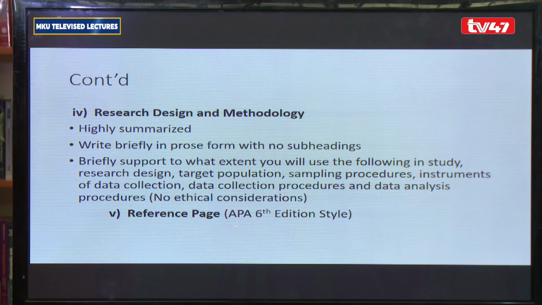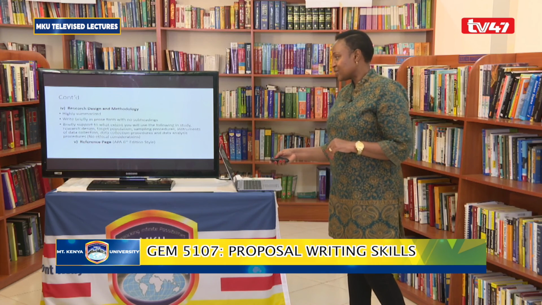We do not want you to tell us research design, location of the study, target population, sample and sampling procedures. You do not involve that. You summarize it without those subheadings. You simply give us what should be happening in the research methodology, and you leave out the ethical considerations. And then finally, we expect the reference page.